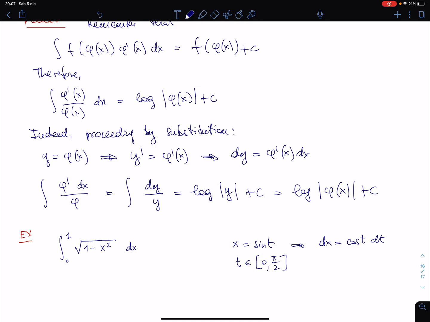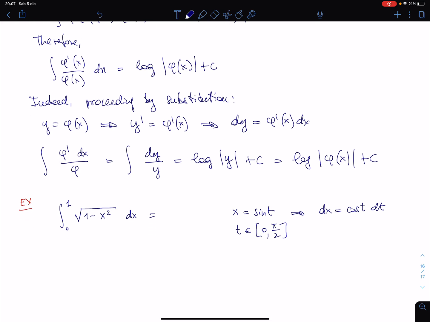And so this is indeed the integral between 0 and pi over 2 of the square root of 1 minus sine squared of t, times cosine of t, dt.